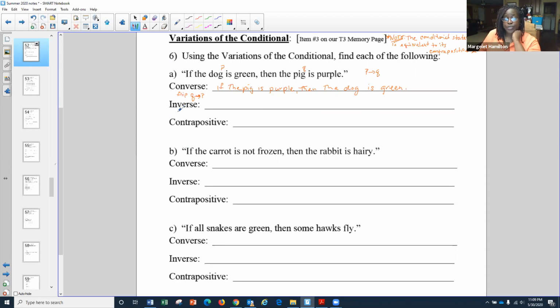Now the inverse, remember, the P is going to stay where it is, the Q is going to stay where it is, but we're just going to negate it.